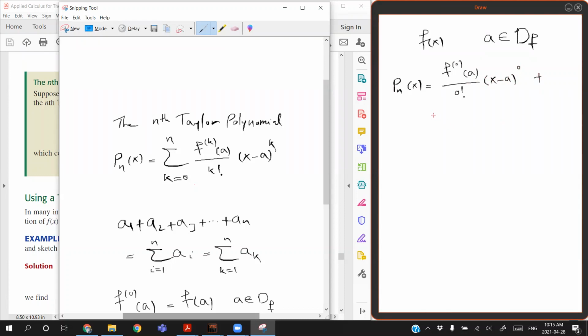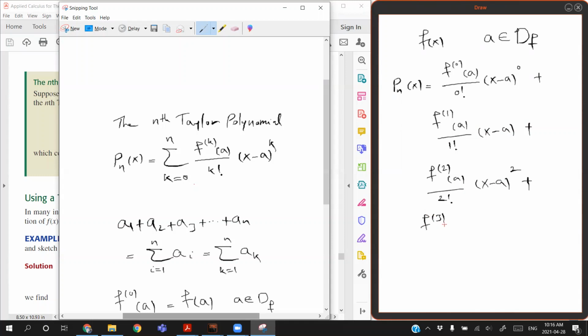Then k would be 1. You get f1 of a over 1 factorial times (x minus a) plus. Then k would be 2. So f2 of a over 2 factorial times (x minus a) to the power of 2. Then k would be 3.